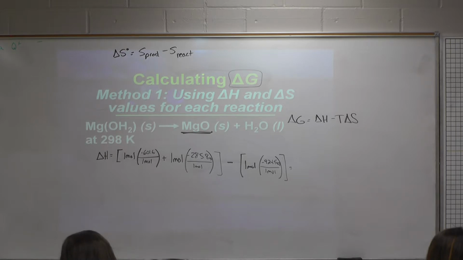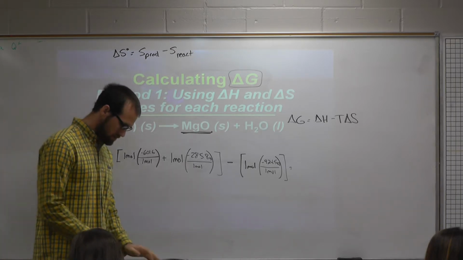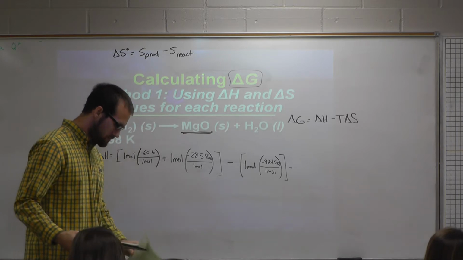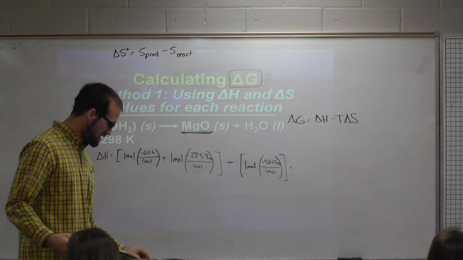Everybody understand where we're getting these numbers, why we're plugging it in the way we're plugging it in to find our change in H? Yeah. We have 37.1. Does anybody have a second to that number?